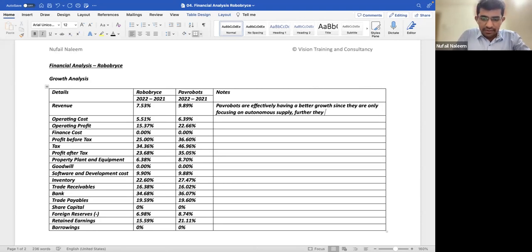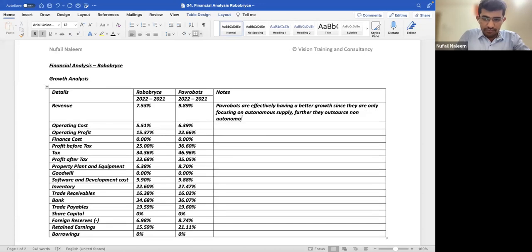Further, they outsource non-autonomous operations to, if I'm not mistaken, other players, including Robobryce.